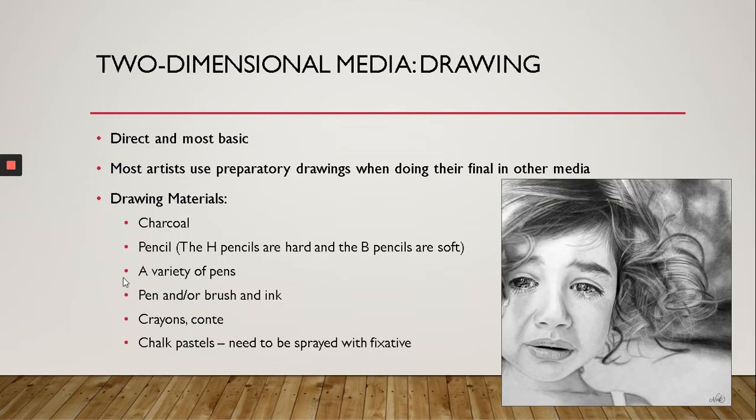Okay, so the first thing is our two-dimensional media. Two-dimensional, remember, is flat, not 3D. You cannot look at the back of it. It is basically one-sided. It is the direct and most basic. The materials I'm going to look at with you are charcoal, pencil, pen, brush, ink, crayons, and chalk pastels, which need to be sprayed with fixatives like charcoals.